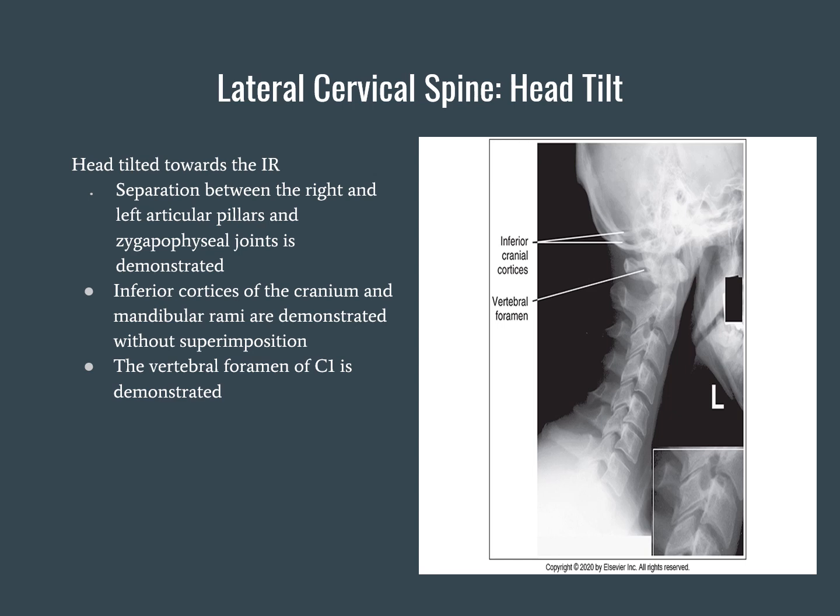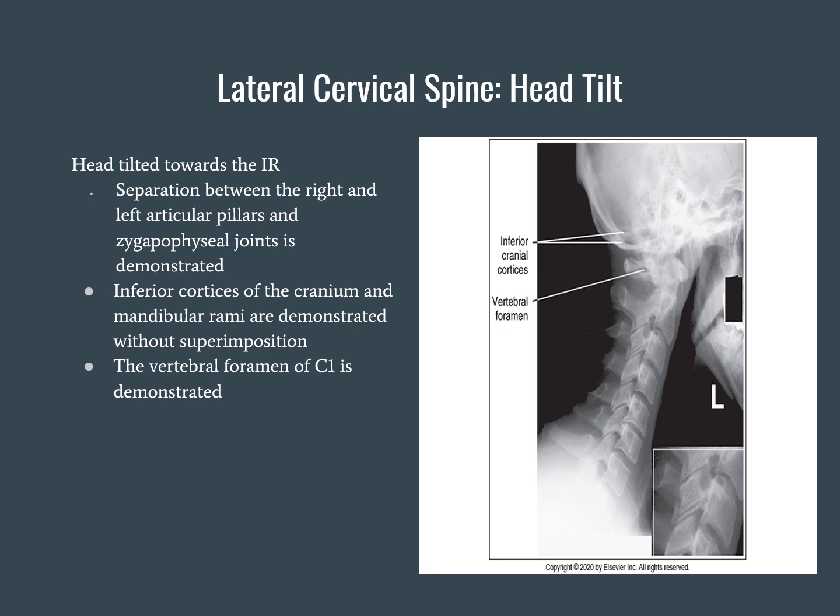In a lateral projection where the head tilt is towards the IR, there'll be separation between the right and left articular pillars. The zygapophyseal joints of the upper C-spine and the inferior cortices of the cranium and mandibular rami will be demonstrated without superimposition.